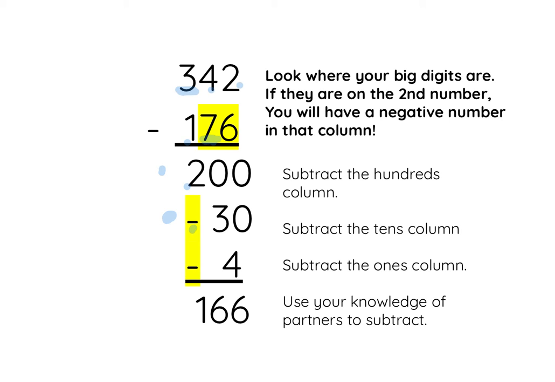And 2 is less than 6, so in the ones column, you're going to have a negative number as well. You can see those are highlighted, so you will pay attention to them.